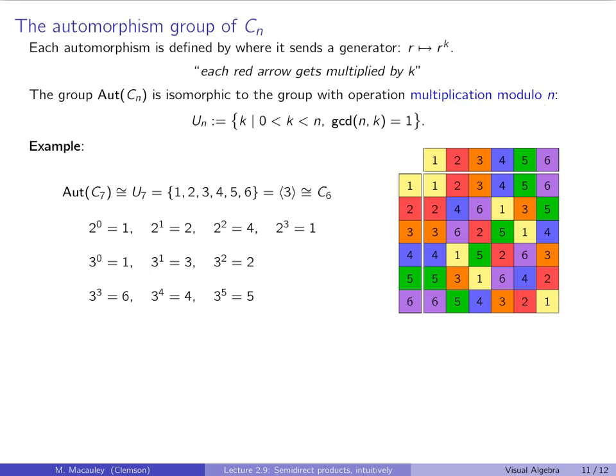So even though we haven't actually seen this group, we've seen all finite abelian groups. So for C7, there are 6 numbers that are relatively prime to 7. And there's only one abelian group of order 6. So this has to be cyclic, C6. So what's a generator? Well, we know what the Cayley graph of C6 will look like.